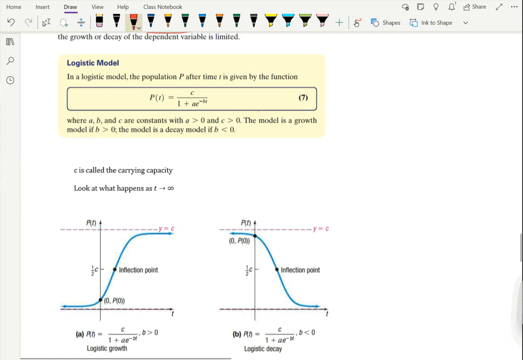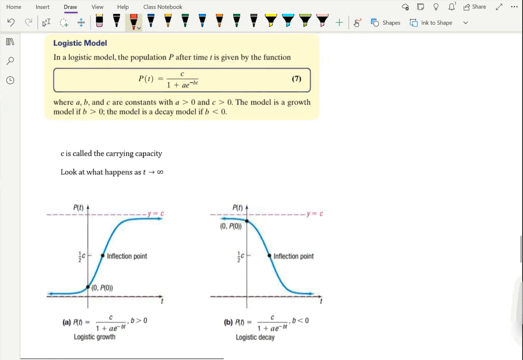So let's take a look in a little bit further detail at our logistic model. So we have equation number 7 here. And in this model, the population P after time t is given by this overall function. So what are the parameters and the caveats on this function? A, B, and C are all constants. A is positive and C must be positive.